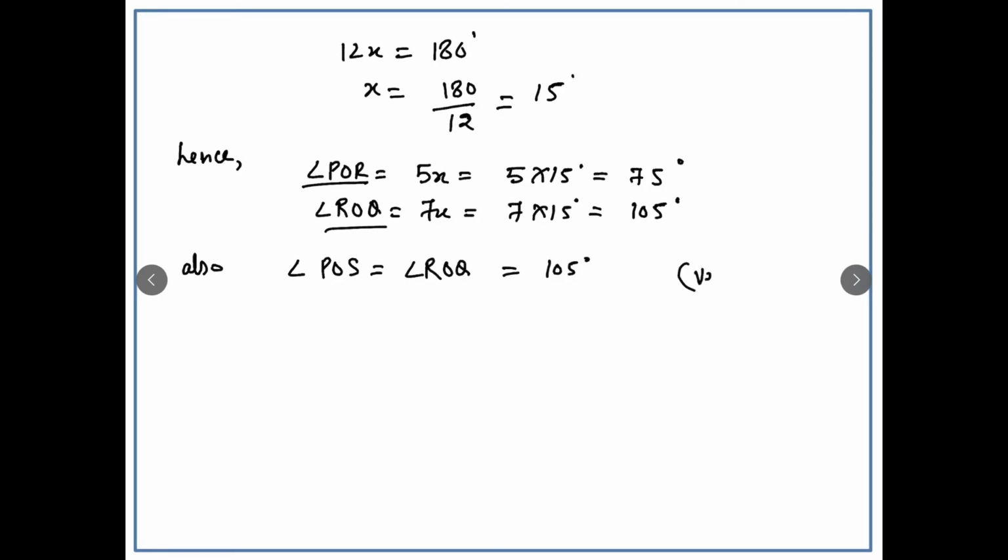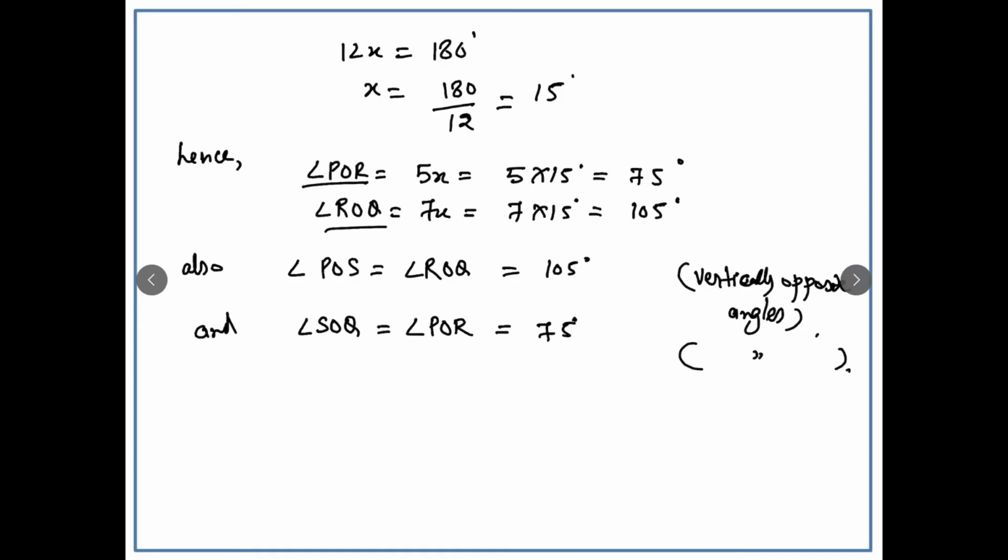This is because they are vertically opposite angles. Okay, and angle SOQ is equal to angle POR, which will be equal to 75 degrees, and the reason is the same, vertically opposite angles. So that's the solution of example number 1. We have found the value of all four angles.